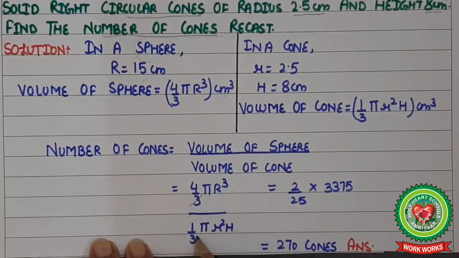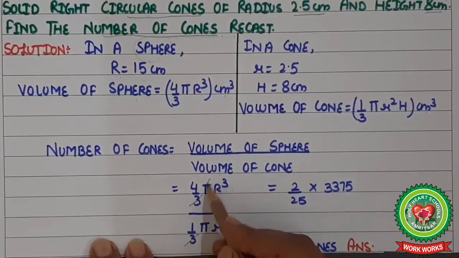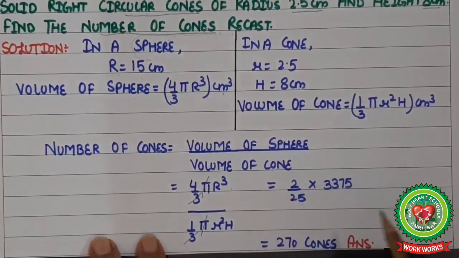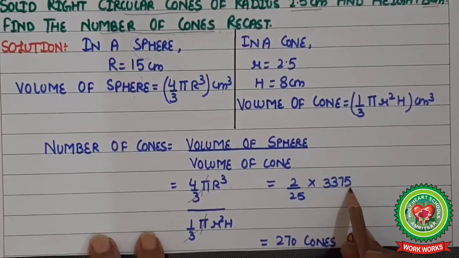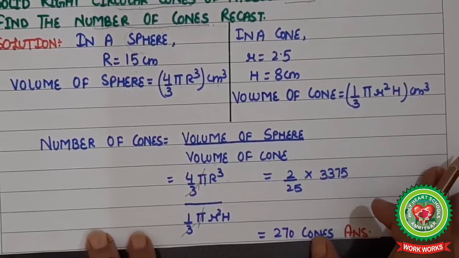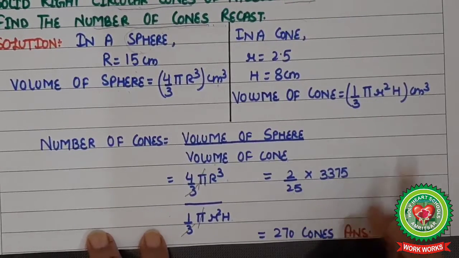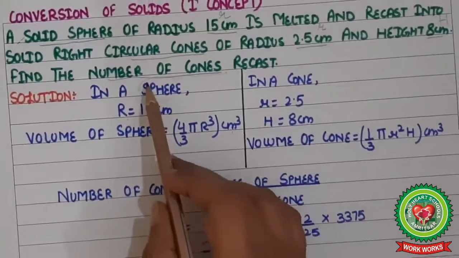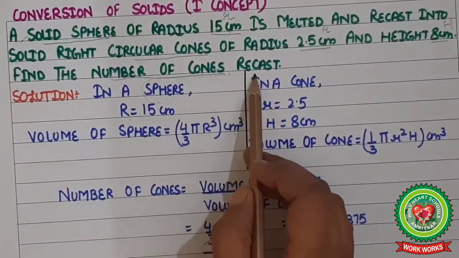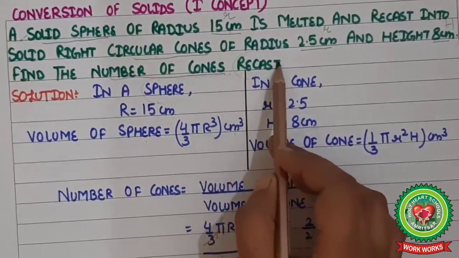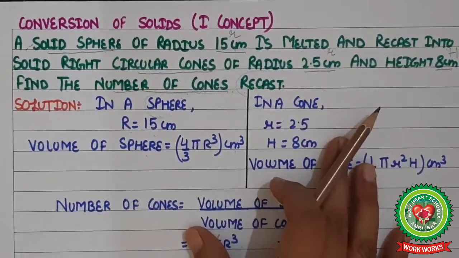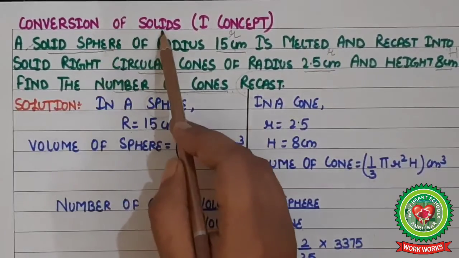Now do the cutting. 3 will cut with 3, pi will cut with pi. Now write down whatever is left. After doing this calculation, we will get 270 cones as the number of cones recast by melting the sphere. So this is concept number 1 related to the conversion of solids.